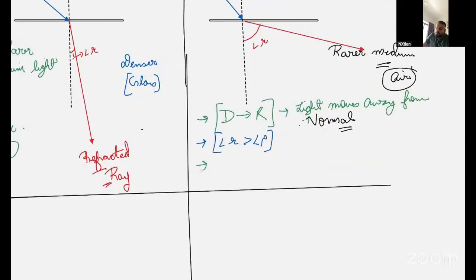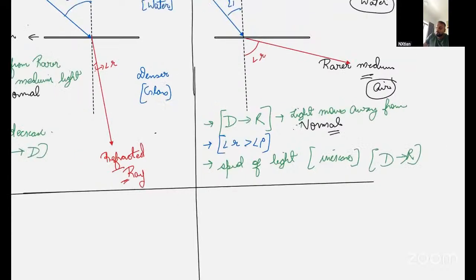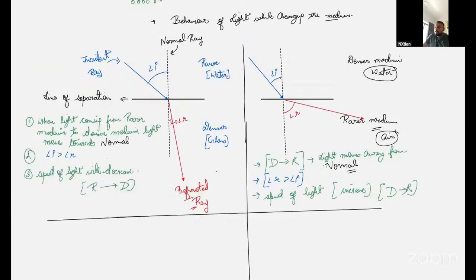And here, the speed of light will increase when it is coming from denser to rarer. These are the comparisons.